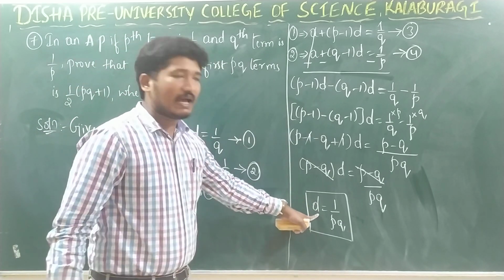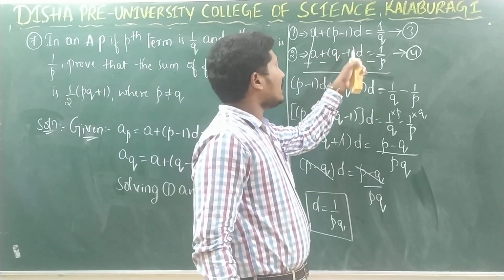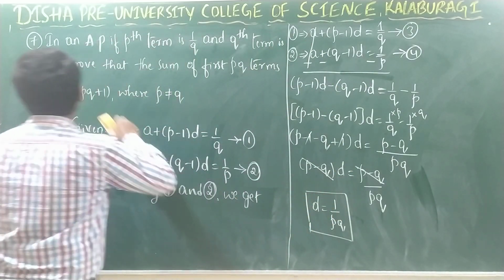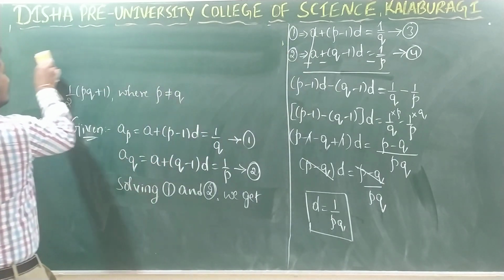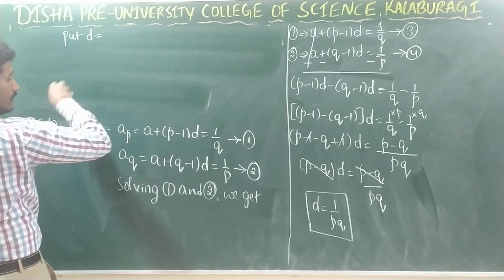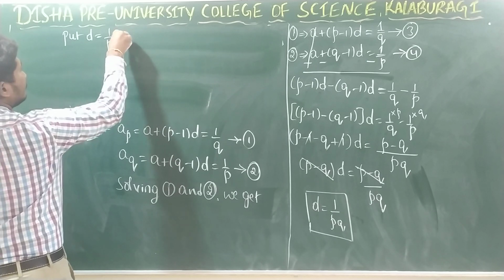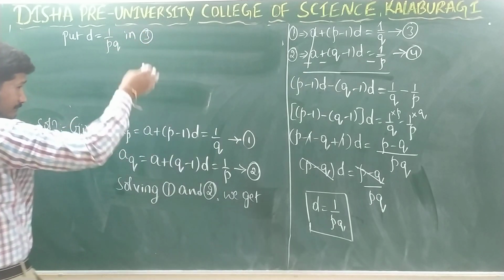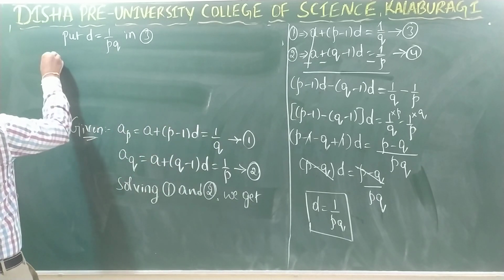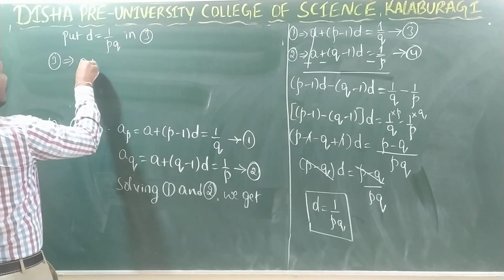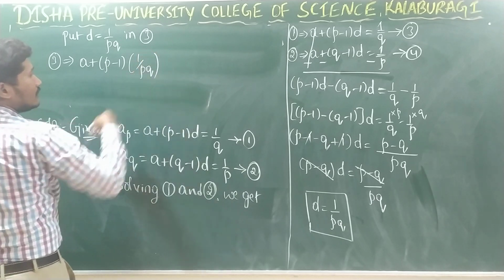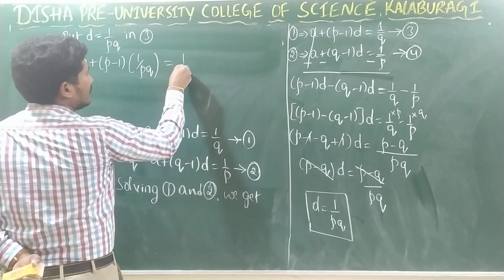So the obtained value, let us substitute in any one of these equations and obtain the value of a. See how we will obtain that. Put d is equal to 1 by pq in equation 3. You can also substitute that in equation number 4. So equation 3 implies a plus (p minus 1) into 1 by pq, that is the value of d, is equal to 1 by q.